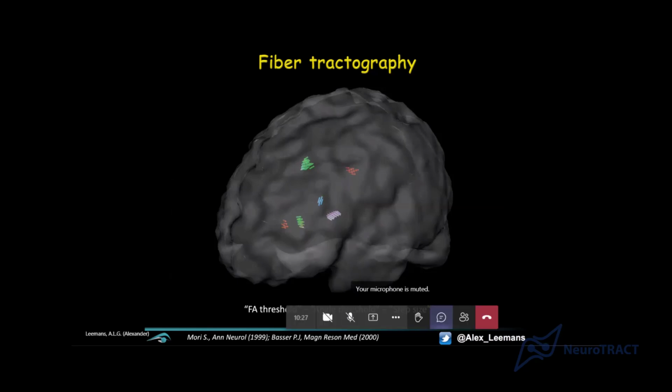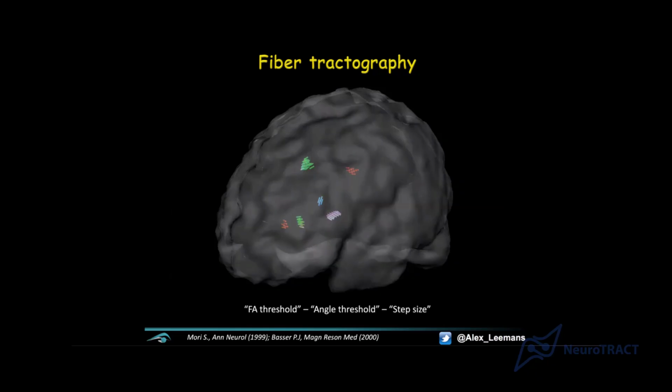Angle threshold: you stop tracking when the angle deviates too much with respect to the previous segment of the propagation. Another setting is related to step size, because you take little baby steps through the data. And ideally, these baby steps are as small as possible to minimize this kind of propagation error.